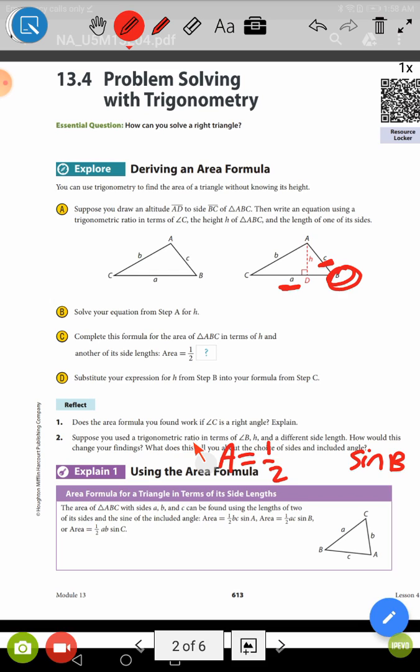So it will be half ac and sine of the included angle. That is it. So the new rule for area is half any two sides and sine of the included angle, like that or that or that.